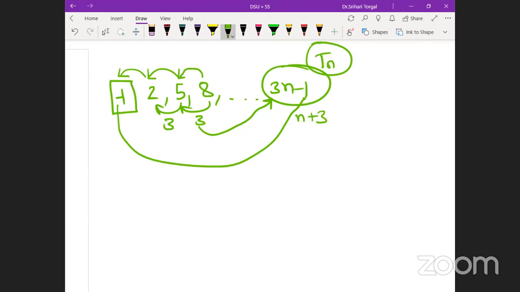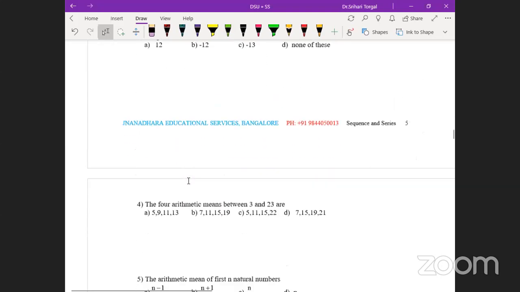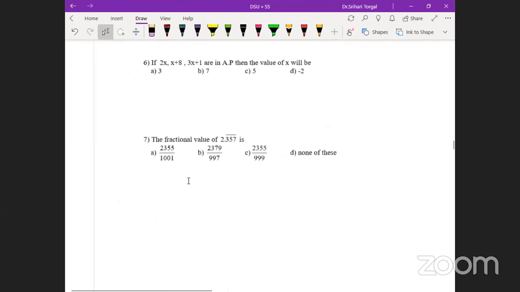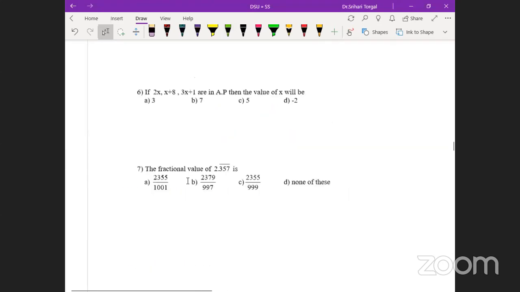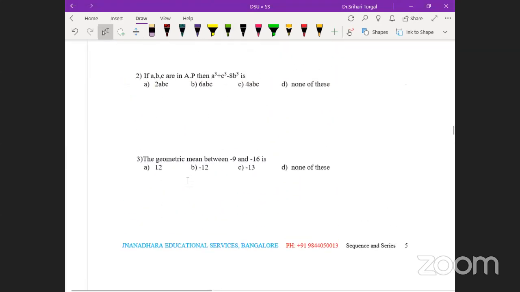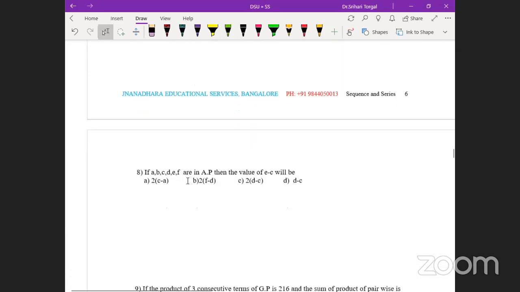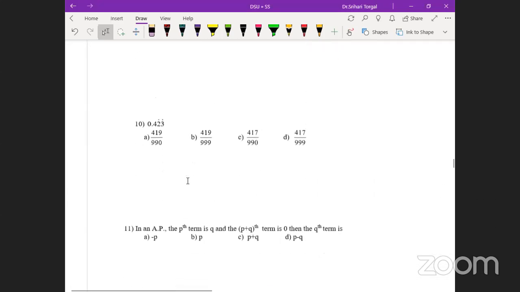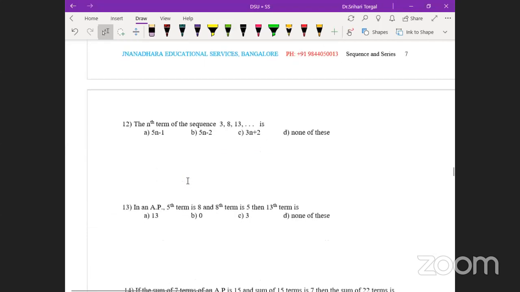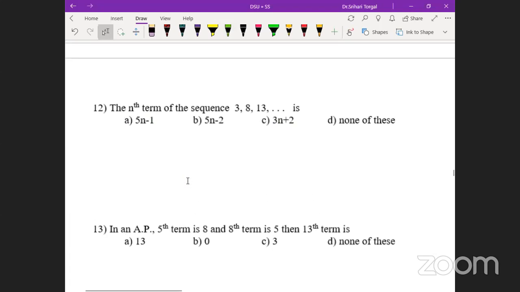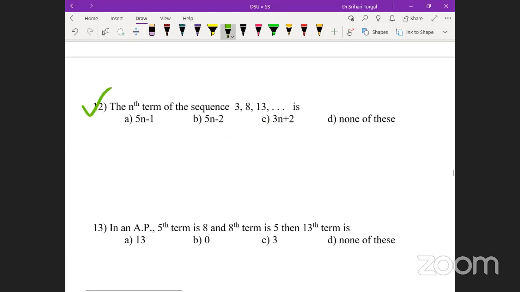Is that okay? Directly you can write the nth term. I have one problem, which is a very simple problem. You can solve that. I'll show you. Question number 12. Please do this problem.